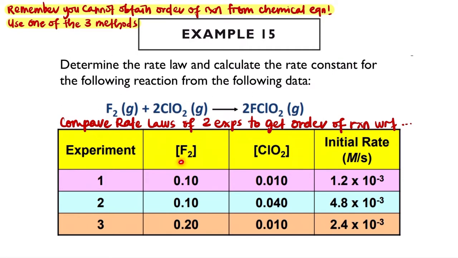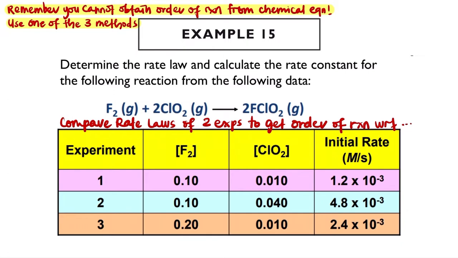Let's say I want to find the order for F2, and the order is X, and this one will be Y. I am going to choose concentrations from experiments 1 to 3, where the concentration of F2 is different, and for ClO2 it is the same.